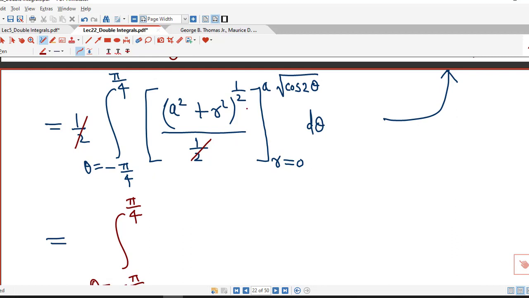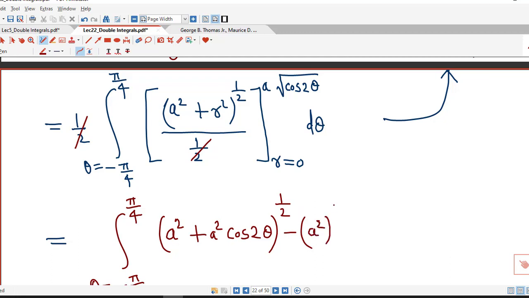And if we put r equal to a under root cos 2 theta, we have a square cos 2 theta, and for r equal to 0, so a square plus a square cos 2 theta raised to 1/2 minus a square plus 0, that is a square raised to 1 by 2. So this we obtain after putting the upper limit and lower limit values of r.